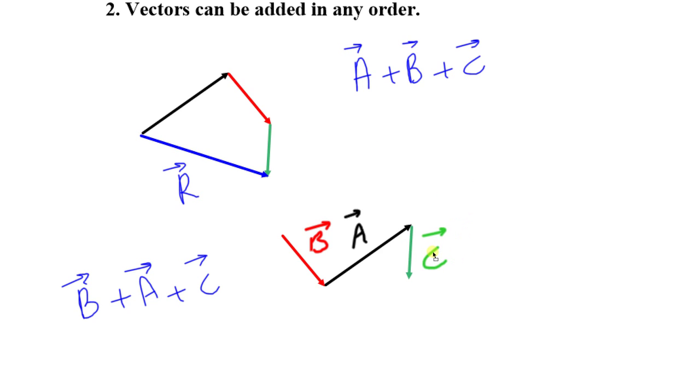So these are B plus A plus C. Now the resultant vector, if I take this vector here and I place it between the tail of B and the tip of C, it will fit exactly.